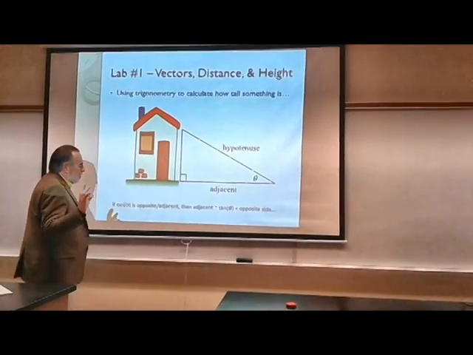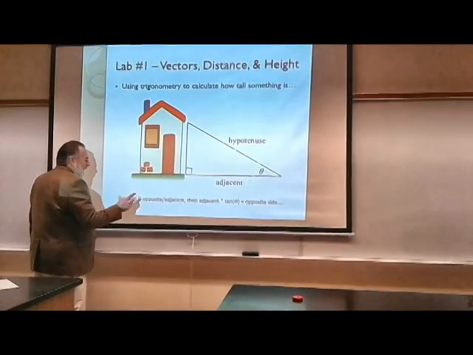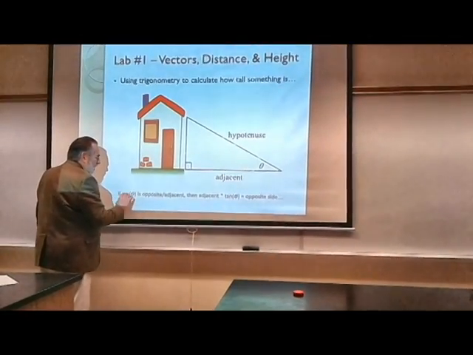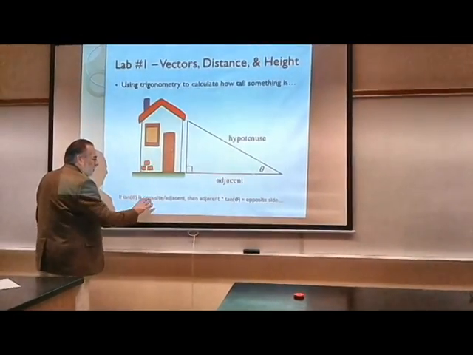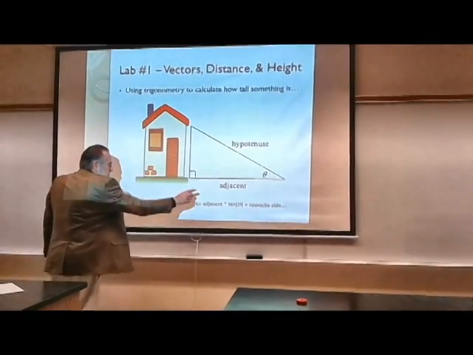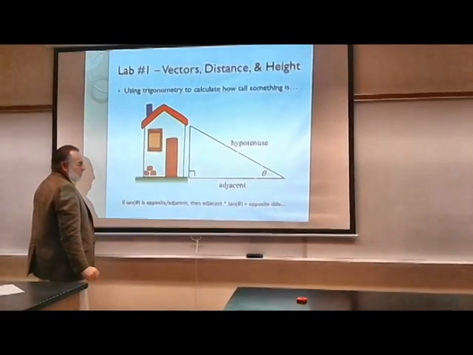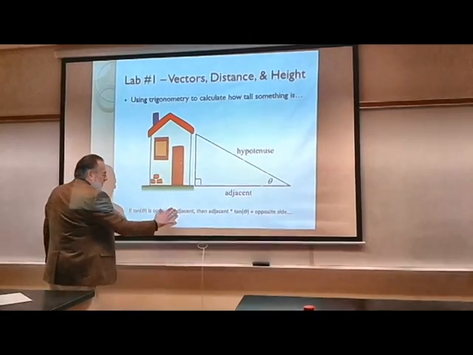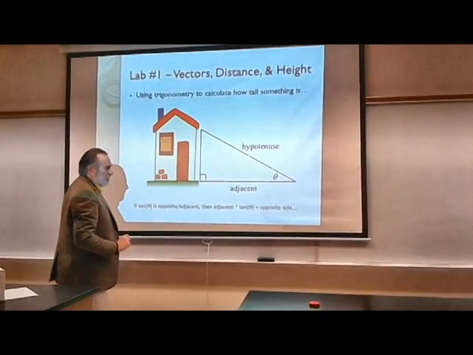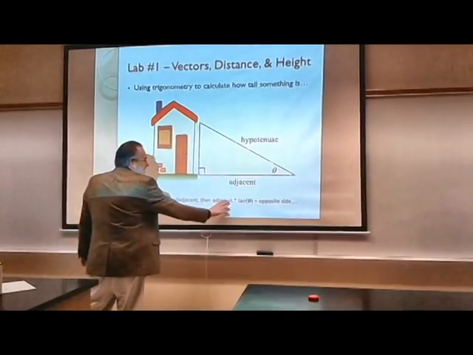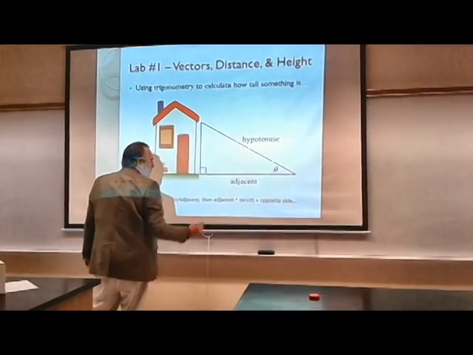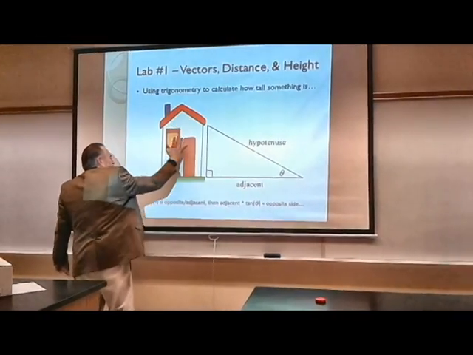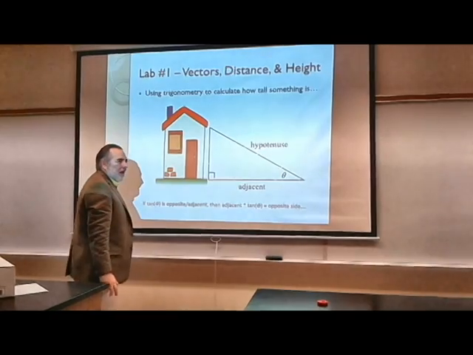Now, as you remember from the lectures, I know that tan of an angle is equal to the opposite side over the adjacent side. So then just doing some very simple algebra, I know that the adjacent side times tan of the angle will give me the opposite side.